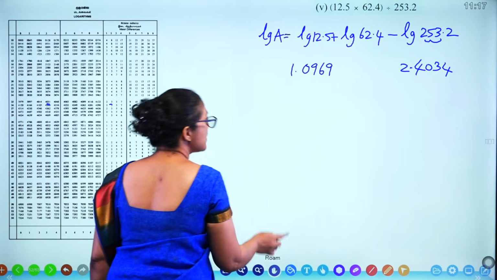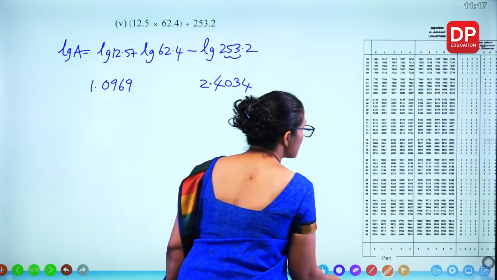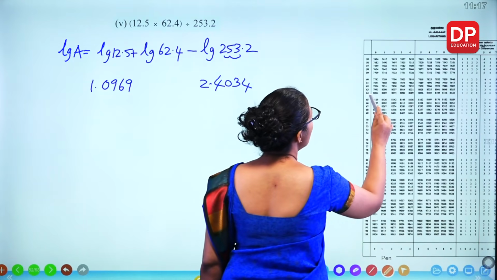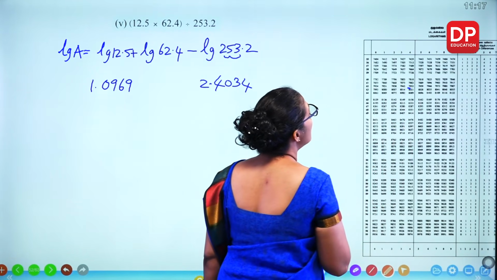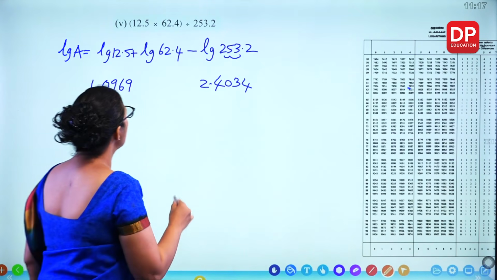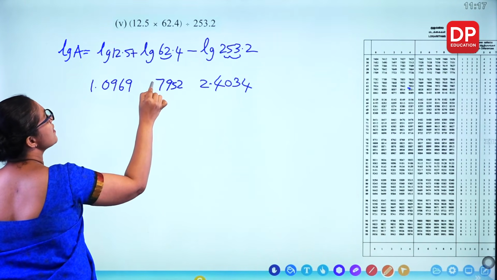Now we'll refer to the second table. 62, 4 is this number. 79, 52 and the characteristic is 1.